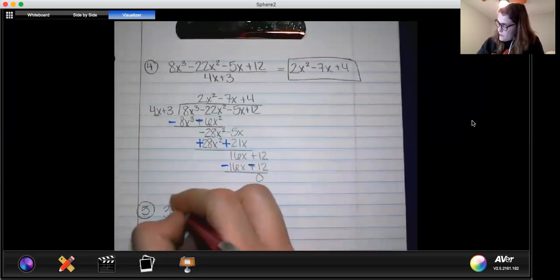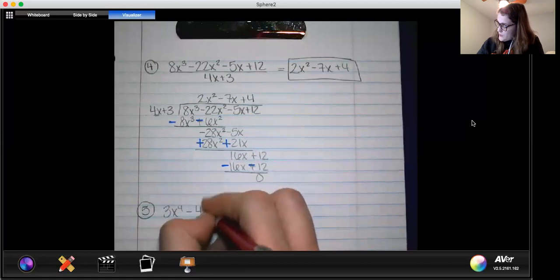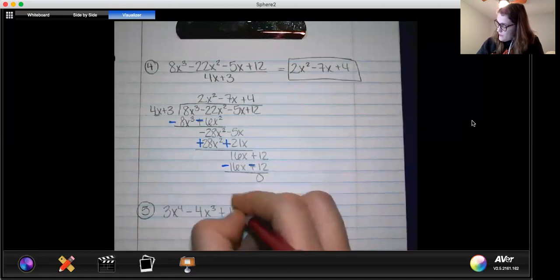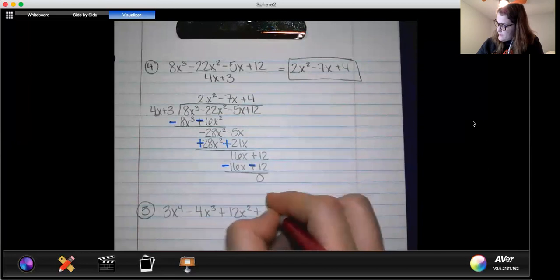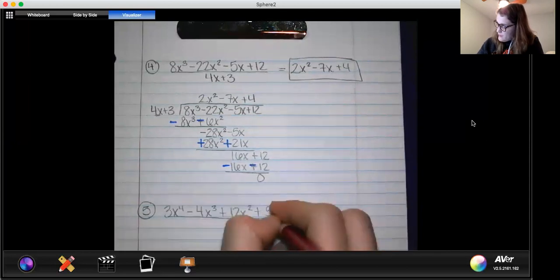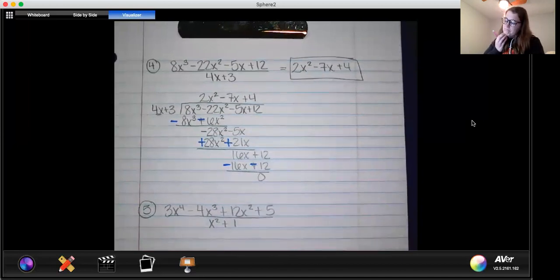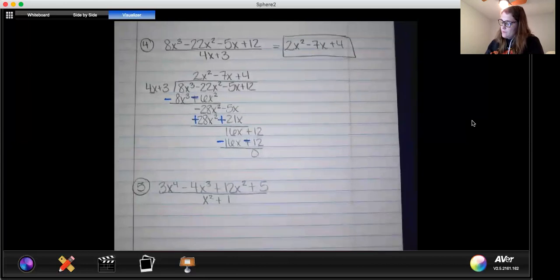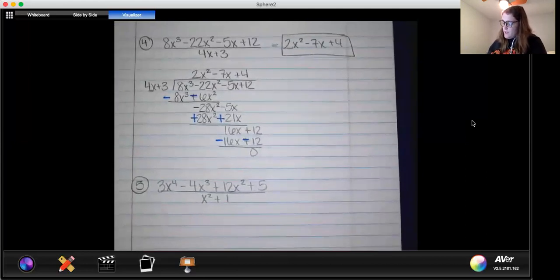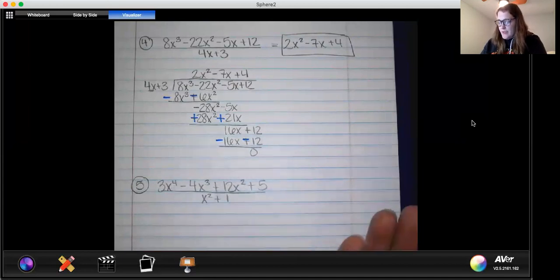3x to the 4th minus 4x cubed plus 12x squared plus 5, divided by x squared plus 1. In this problem, something you may have noticed is that this is missing a term. We go from x to the fourth, x cubed, x squared, and we jump to 5. We're missing the variable x. That will actually cause an issue later.